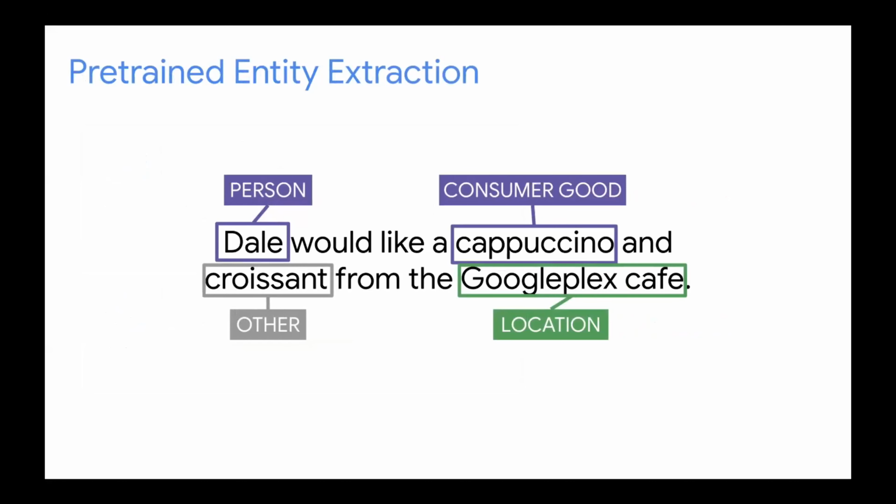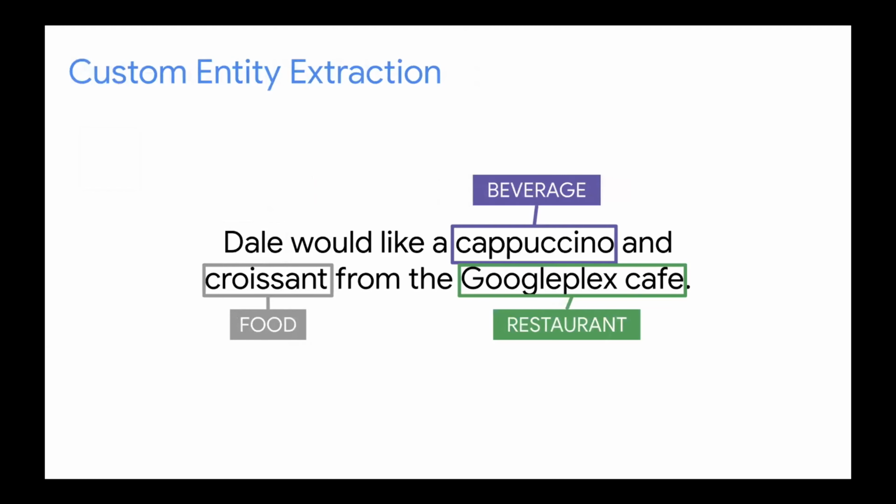Another example of a custom model might be, here's our standard entity extraction where you can see that it has kind of general categories. It's correct. It says, Dale is a person, a cappuccino is a consumer good, but it's a little bit abstract in general. But we could create our own model that is trained on more specific terminology and can provide you more detailed information.